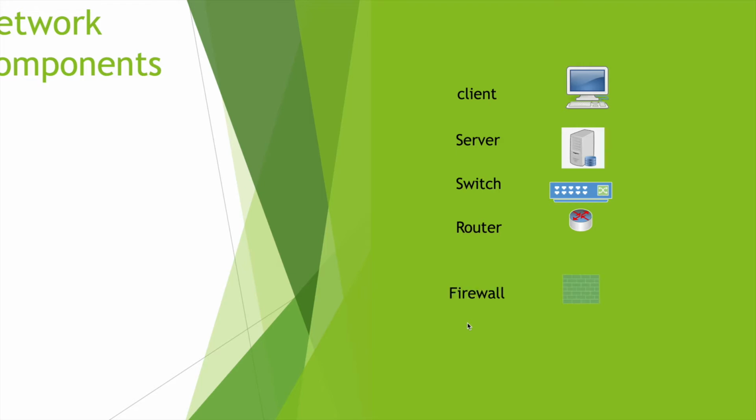The next component is a firewall. It's a security device. You might have seen it in your laptops, PC, or Mac, which have an inbuilt firewall that secures your devices from any kind of attack or hack.